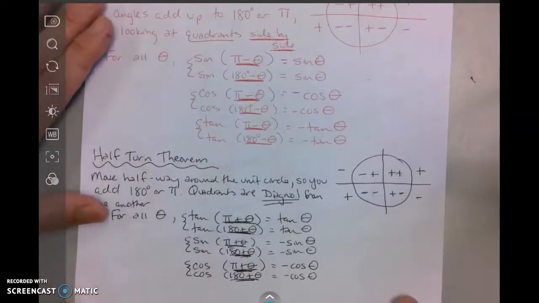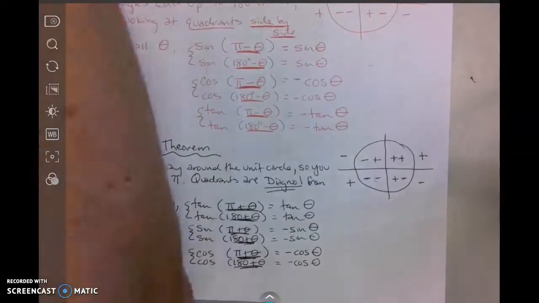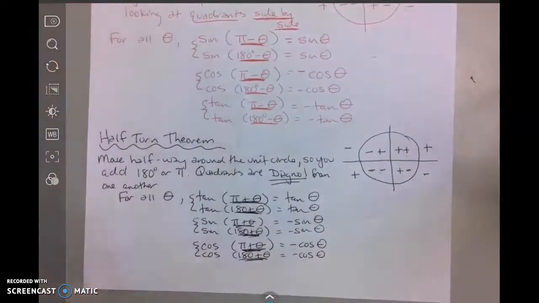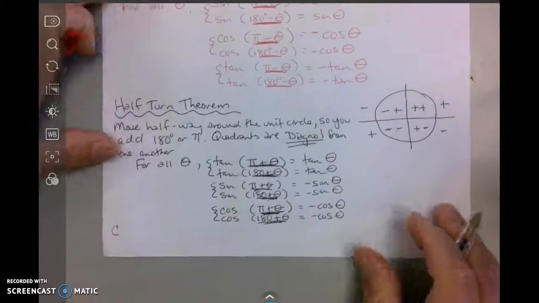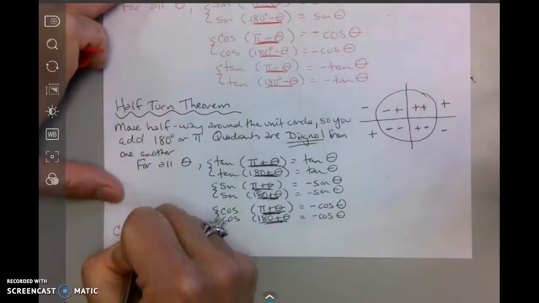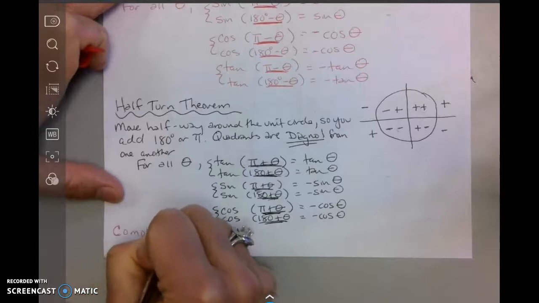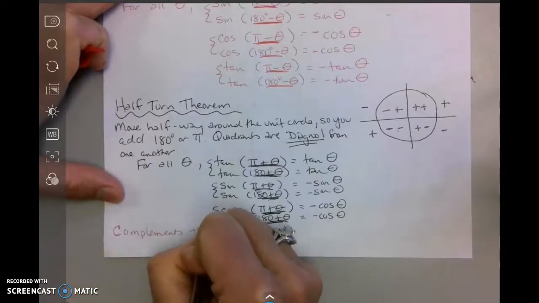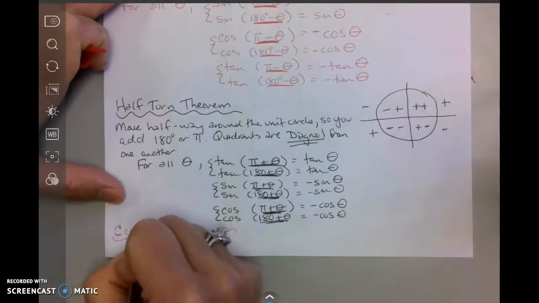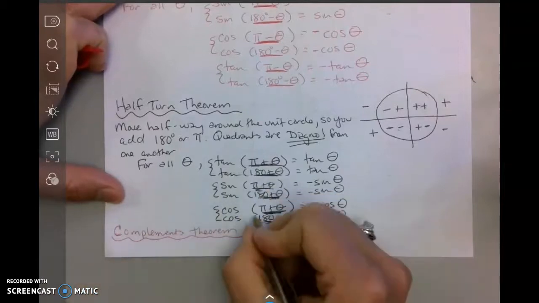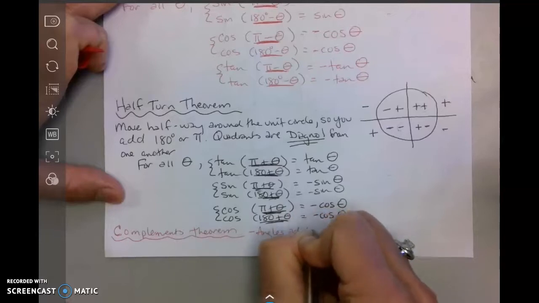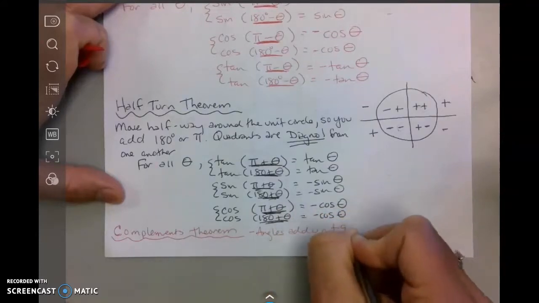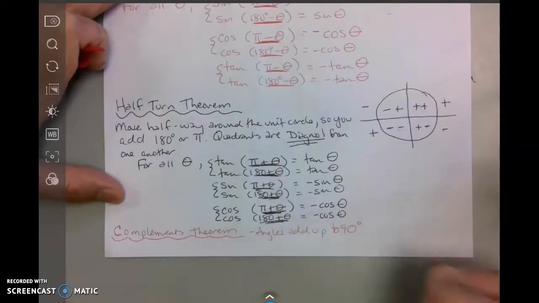Okay. All right, I have one more theorem to write, and it's called the complements theorem. And this is angles that add up to 90 degrees.